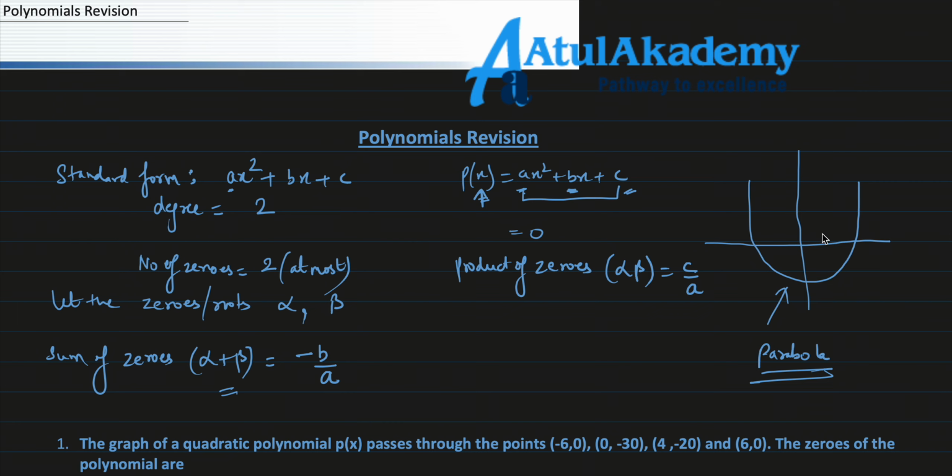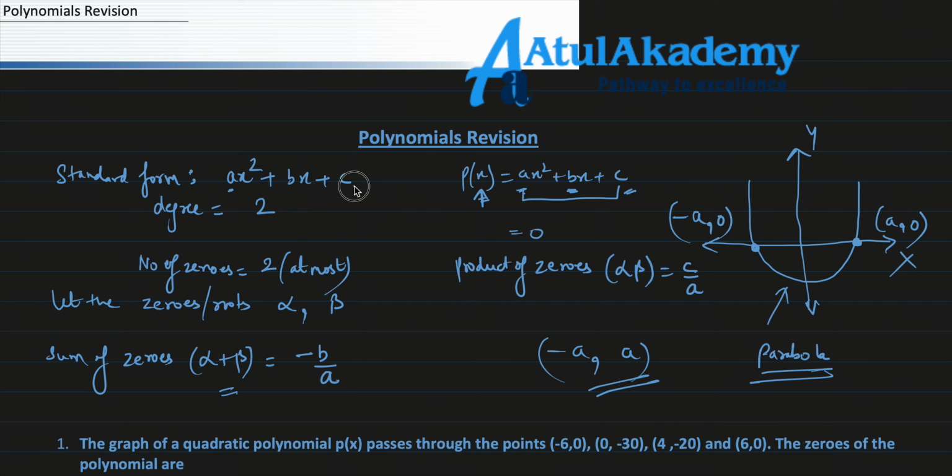This is opening upward, so we call it an open upwards parabola. Here if you see this is x-axis and this is y-axis. So this parabola is intersecting or meeting the x-axis at these 2 points. I take one as minus a, 0 and the other as a, 0. So what are those two zeros? Minus a and a. So this is the basic concept over here.